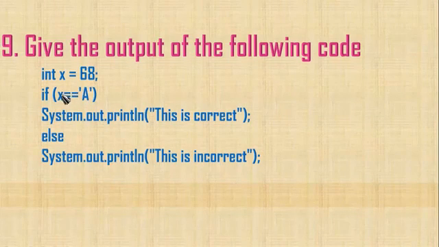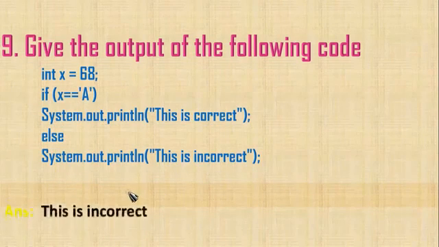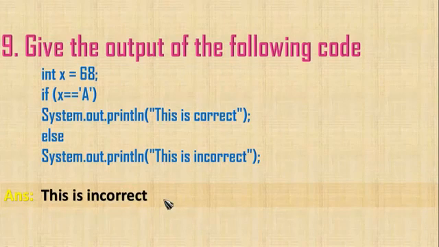Character can be converted into integer type. So it will check after converting it into integer type. So value of capital A is 65. So this is not true then. So else part will get executed. This is incorrect will be the output.